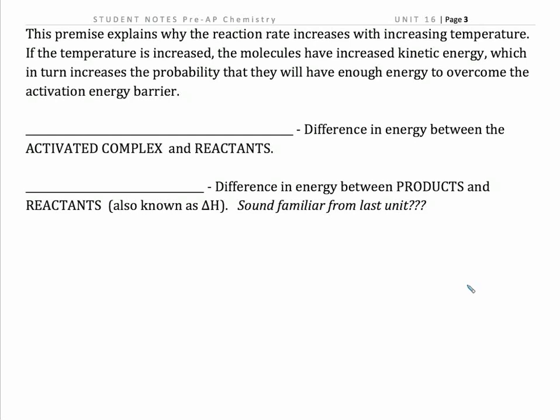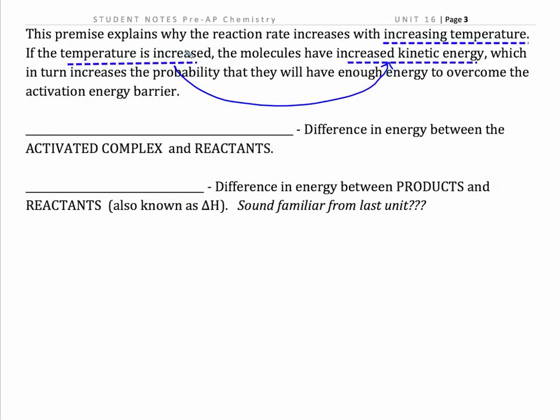Okay? Now, this is one of the key ones. This barrier or the existence of the barrier is one of the key premises that helps explain why temperature increases the rate of a reaction. Because if temperature is increased, molecules have increased kinetic energy. Remember, that's what temperature is.